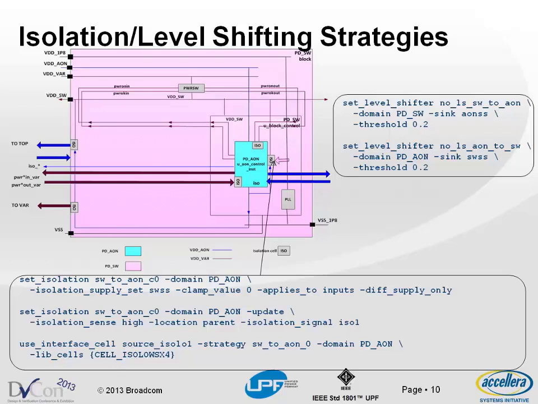So if the voltage difference is less than 0.2 volts, you want to skip adding a level shifter, and that's achieved by using this command called set level shifter. You define the domain for which you want to set the policy. You define the sink, which happens to be AON, and you define a dash threshold. So that helps you skip placing a level shifter, and tells the implementation tool not to add level shifters if the voltage delta is less than 0.2 volts.